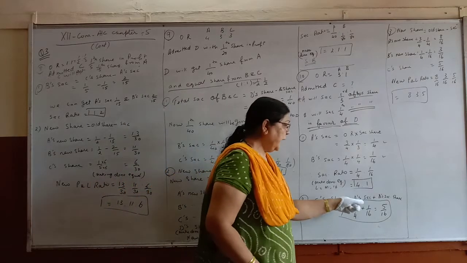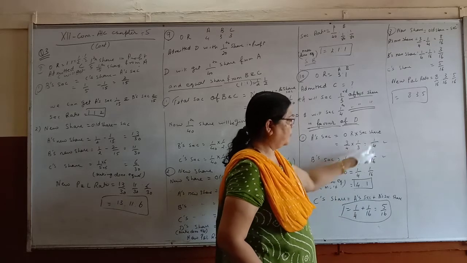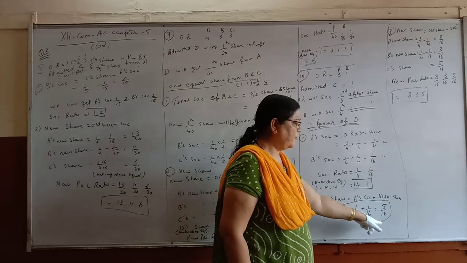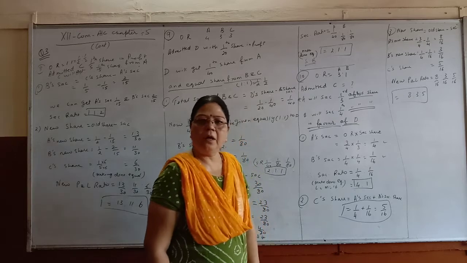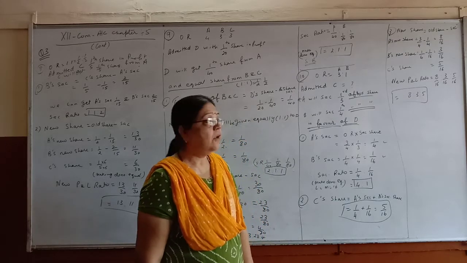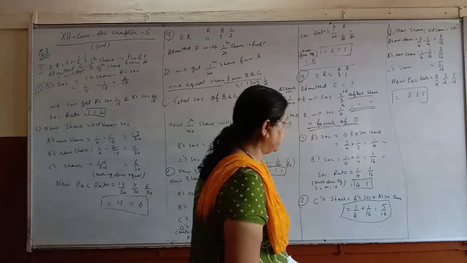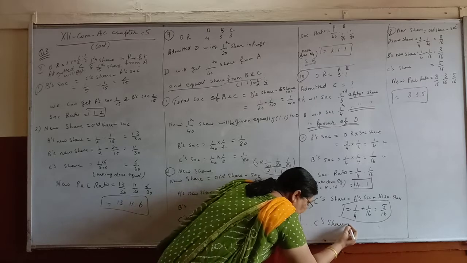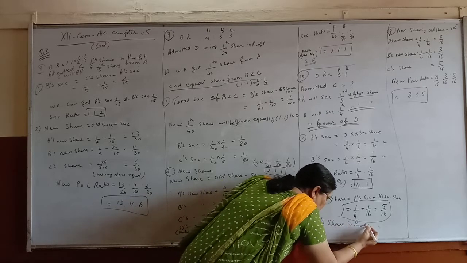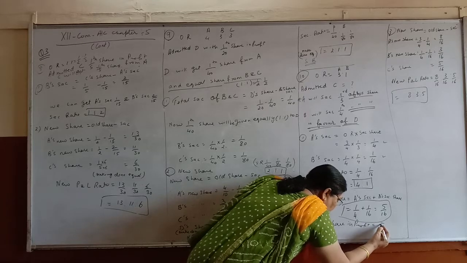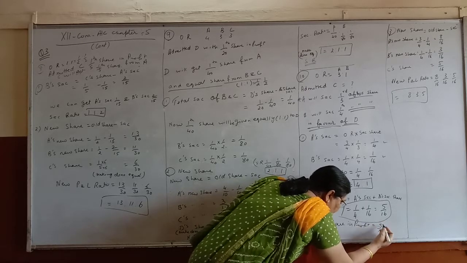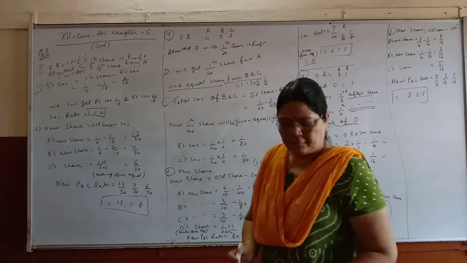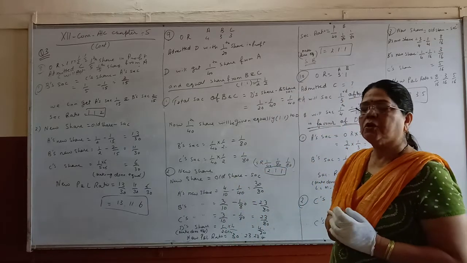So here A's sacrifice is 1/4 plus 1 upon 16, so you will get 5 upon 16. Therefore C's share in profit is equal to 5 upon 16. So this is the sum in which the new partner's share was not given.